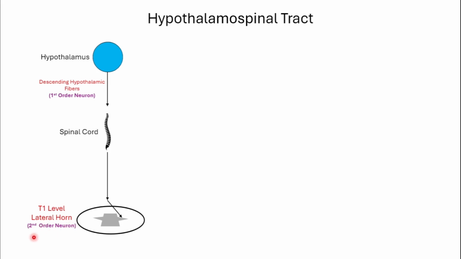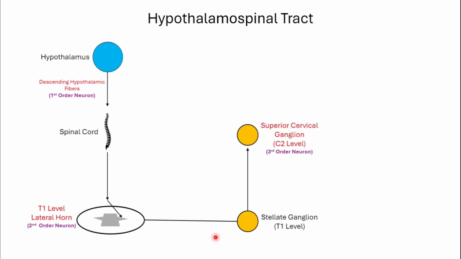From there, the tract ascends laterally, passing through the stellate ganglion at the T1 level, and finally synapsing on the superior cervical ganglion at the C2 level, parallel to the common carotid artery. The superior cervical ganglion serves as our third and final order neuron.